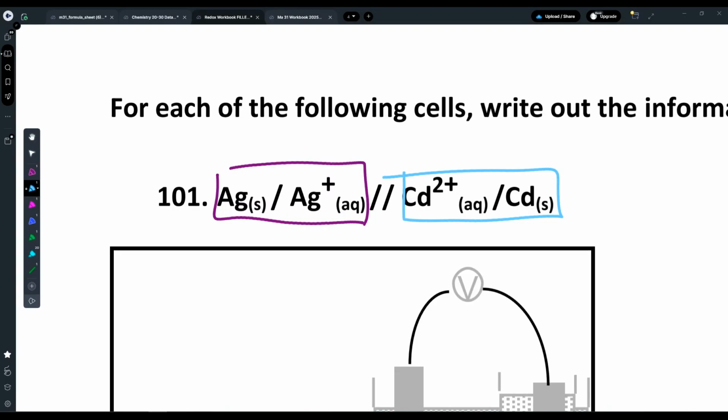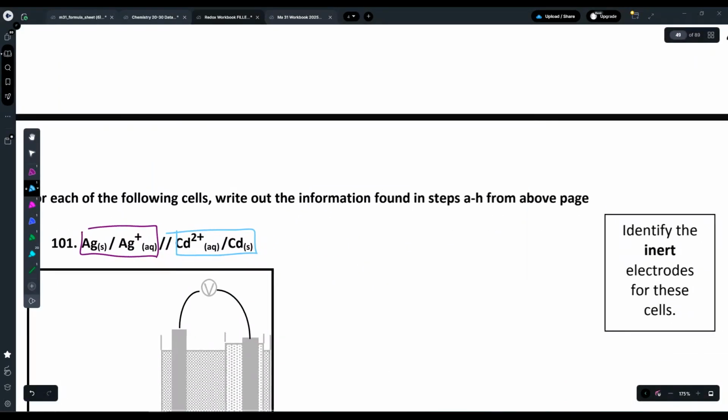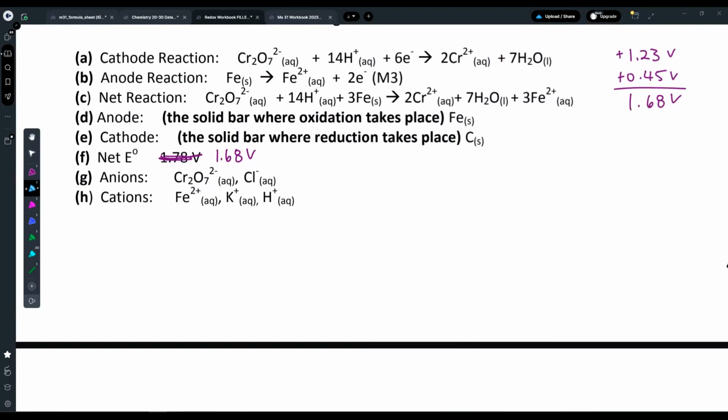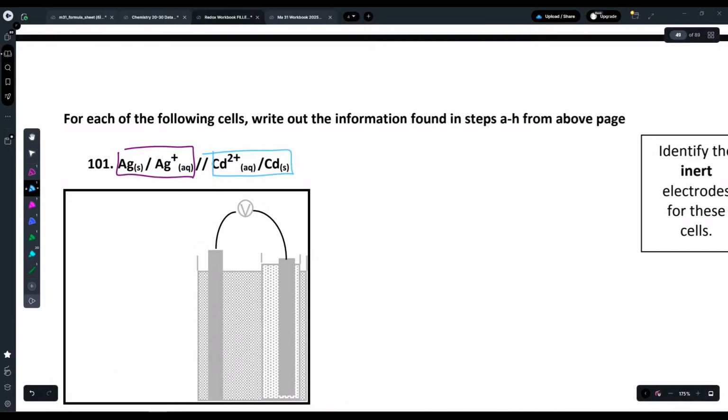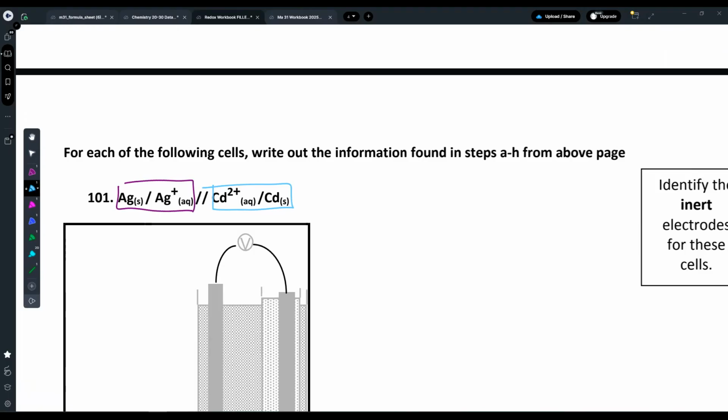Okay, so we've already got our species list here. We just need to figure out what is our SOA and our SRA. Okay, and we got to do steps A to H here.